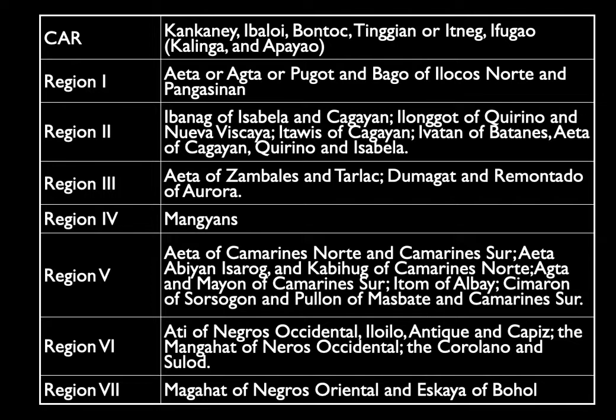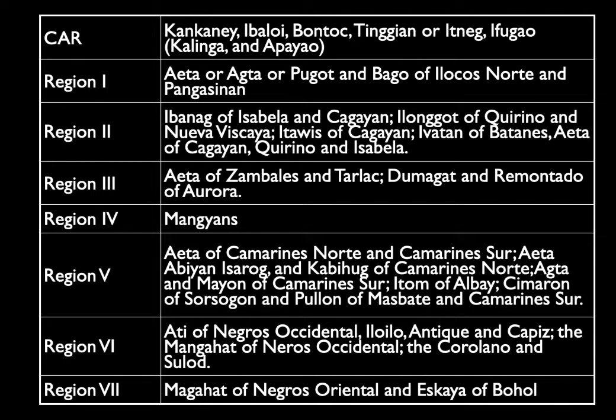In Region 2, we have Ibanag of Isabela and Cagayan, Ilongot of Quirino and Nueva Vizcaya, Itawis of Cagayan, Ibatan of Batanes, Agta of Cagayan, Quirino and Isabela.